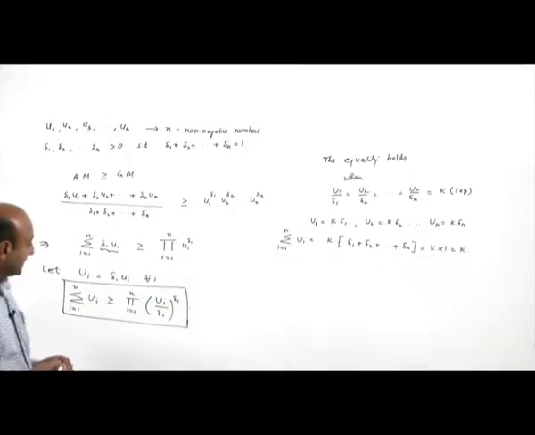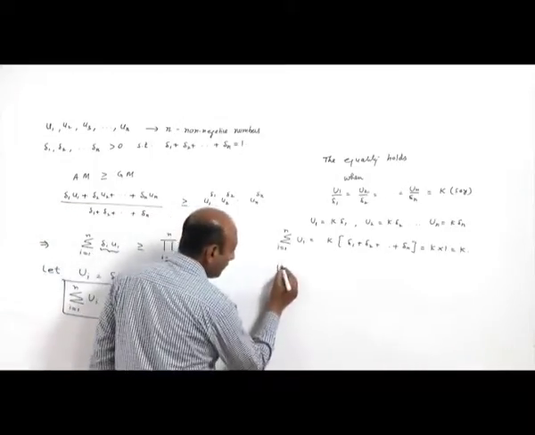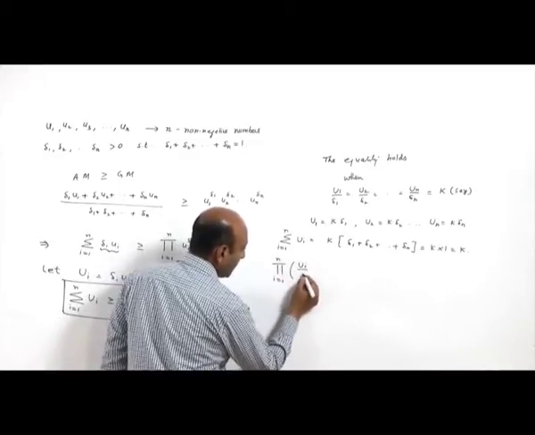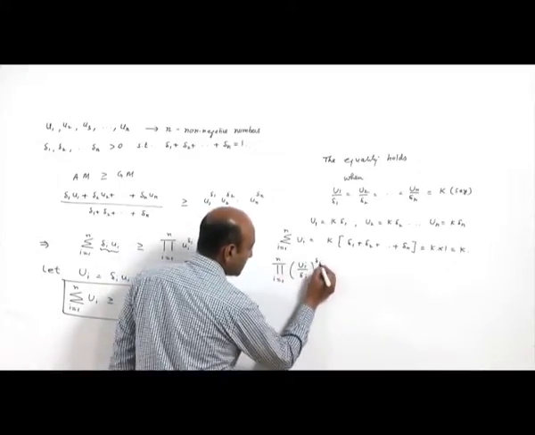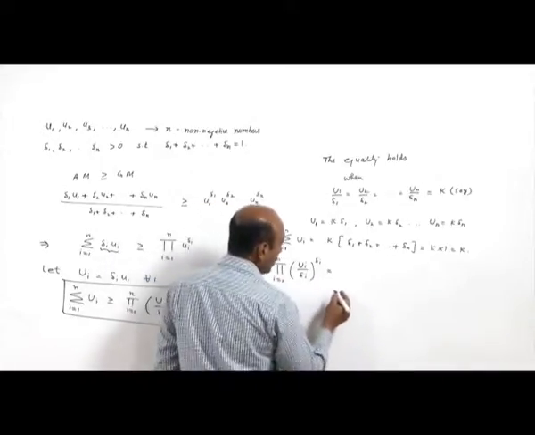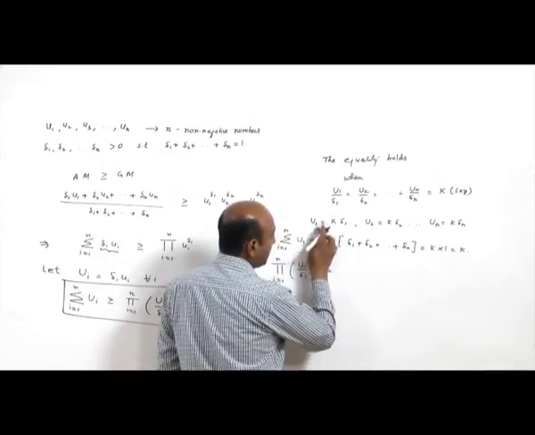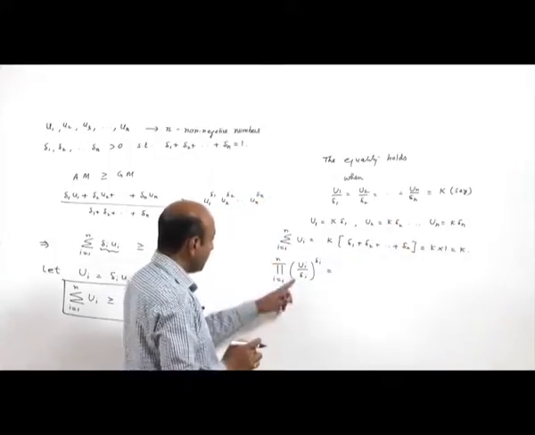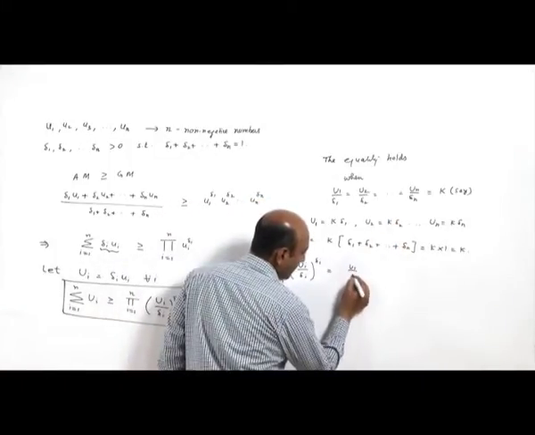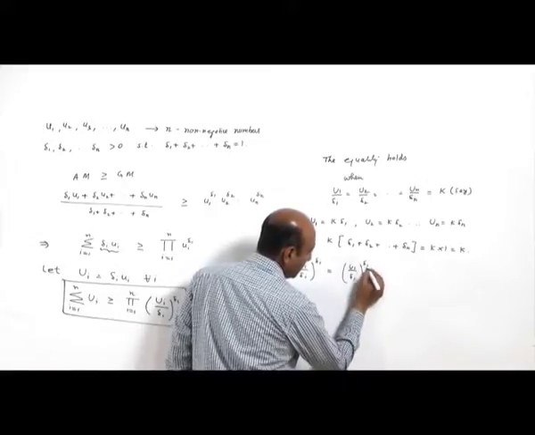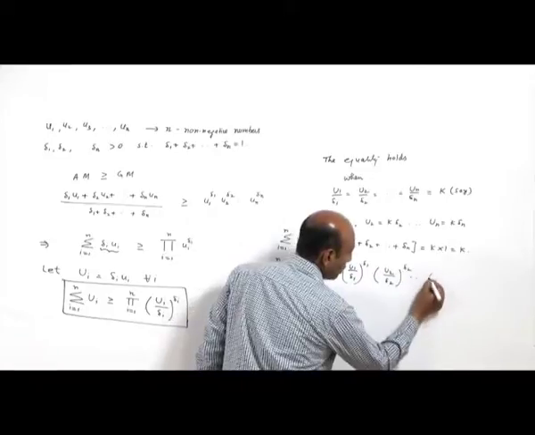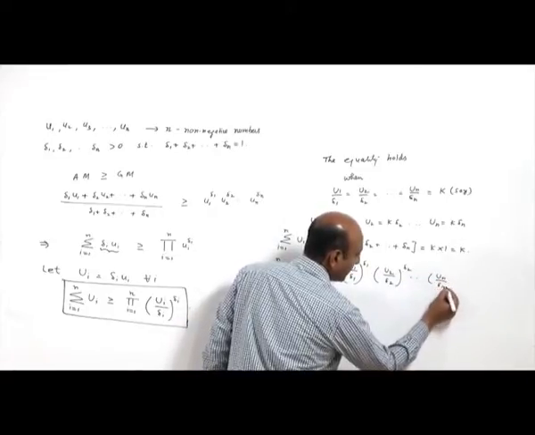Now, if you see the right hand side of this expression, then it is product of i from 1 to n, ui upon delta i whole raised to power delta i, which is equal to u1 upon delta 1, which is k, u2 upon delta 2, which is again k. That means it is nothing but u1 upon delta 1 whole raised to power delta 1, u2 upon delta 2 whole raised to power delta 2, and so on un upon delta n whole raised to power delta n.